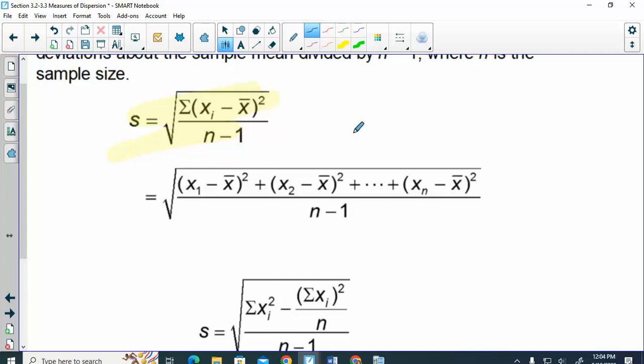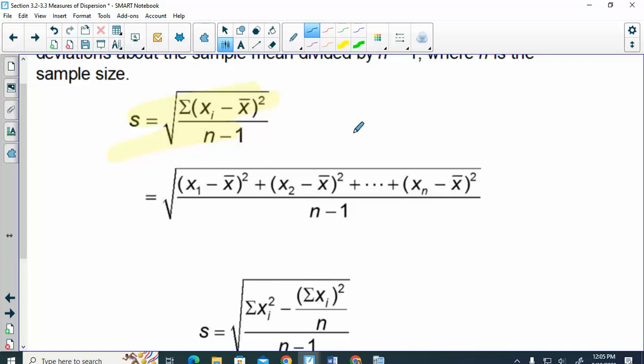You go through, you take each value minus the mean, add them all up, but this time you're dividing by n minus 1. So if my data had been 7 employees from the school, does the school have more than 7 employees? Yes, so that would not have been everybody, so it would have been a sample. So I would have done the exact same process, but in my square root, I would have divided by 6 instead of 7.